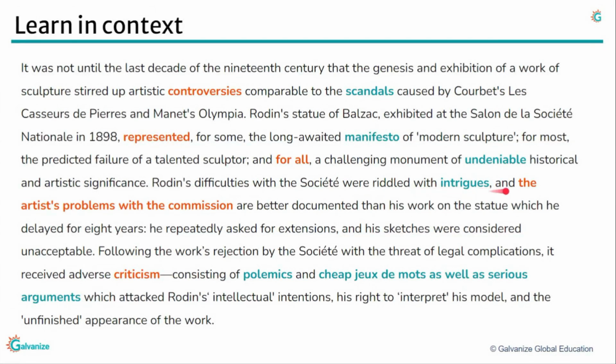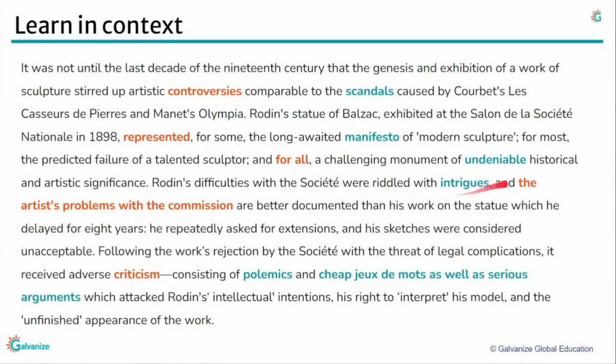Here, in this sentence, you find the word and. So when is and or used to connect sentences? These connectors usually connect fragments that are equally important. So this part, from Rodin to intrigues, is equally important to the artist's problems with the commission, and so on, till the later problem.